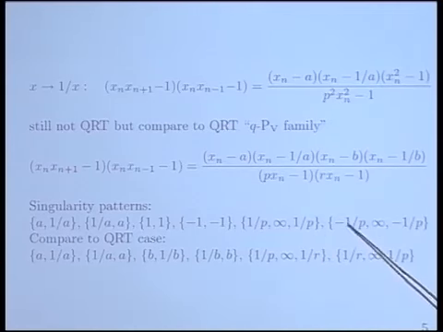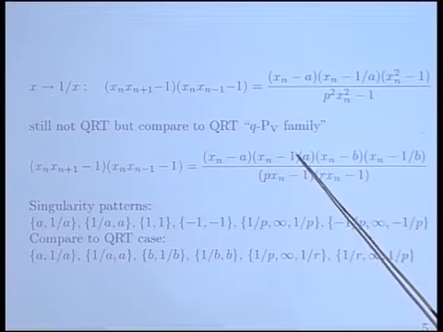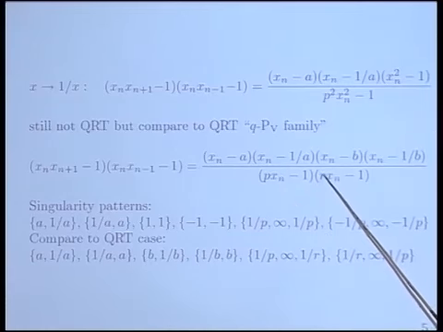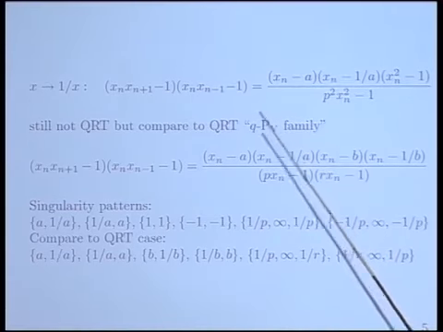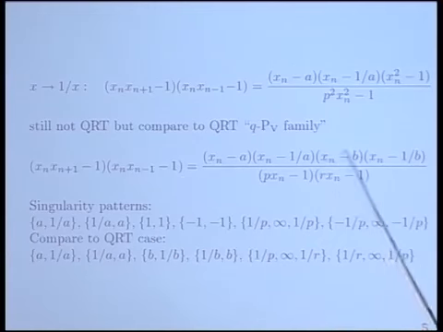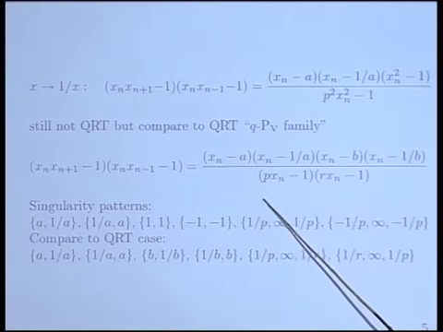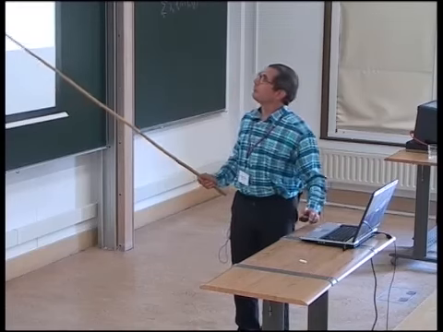If you had come with -1 over P, you'd come out with -1 over P. While in the QP5 family, if you enter by this singularity, you exit by this one. So the fact that you come out by the same singularity rather than exchanging singularities distinguishes the regular QRT case with biquadratic invariance from this one, which has biquartic. And this seems to be some characteristic.